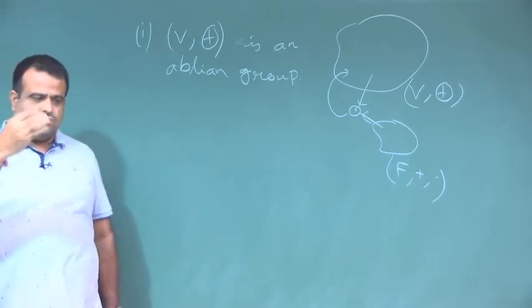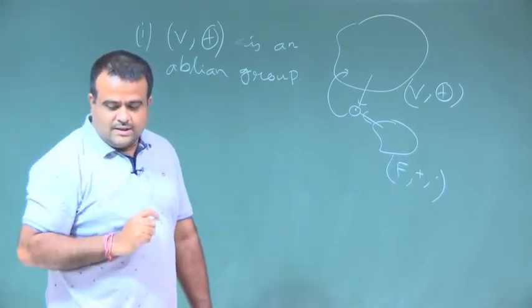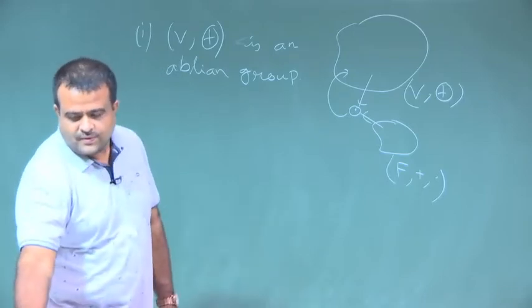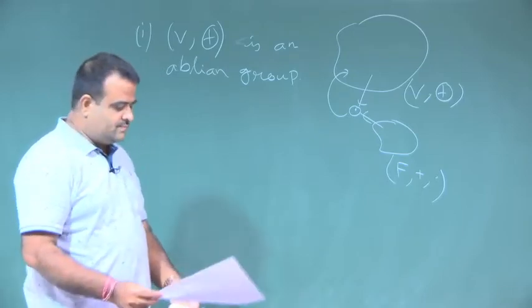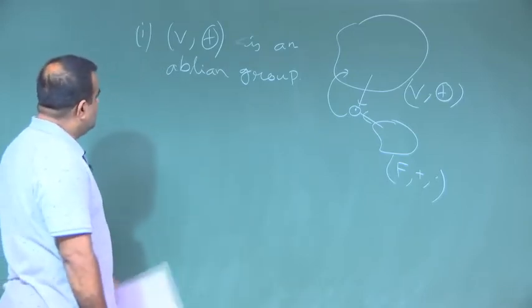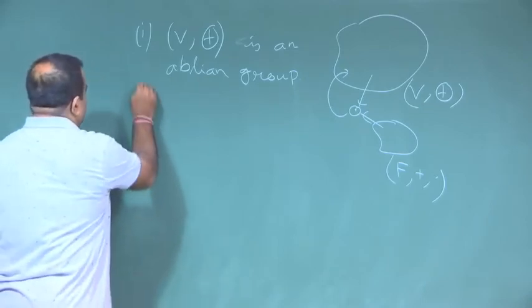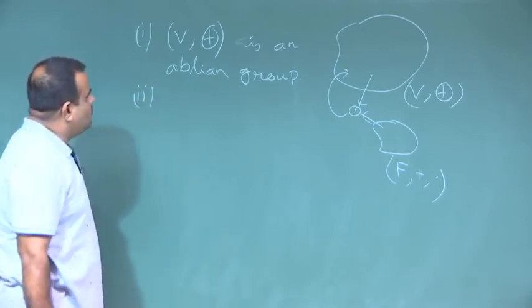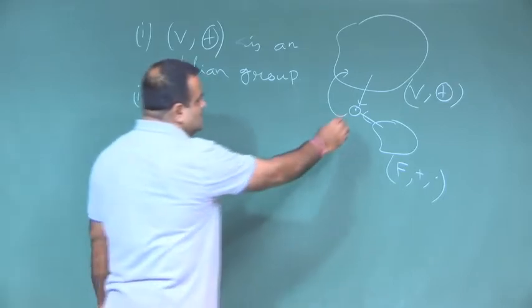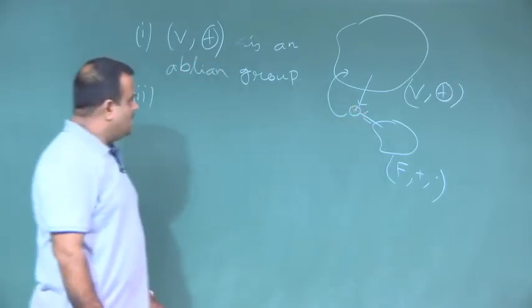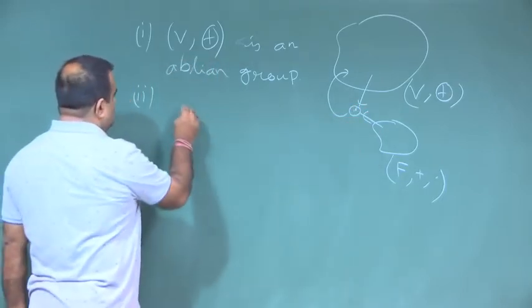So, there are a few conditions. This must be an abelian group, and we have a few more properties with this scalar multiplication operator. First of all, this has to be closure.